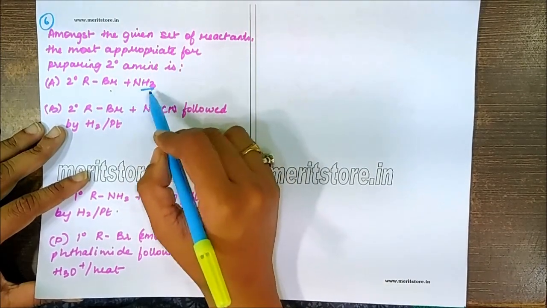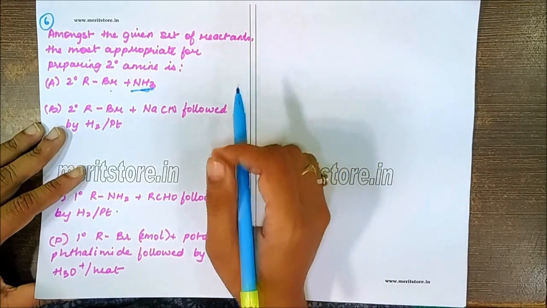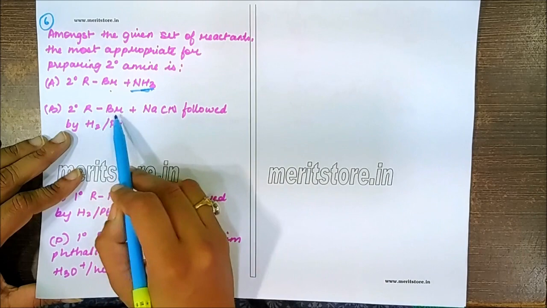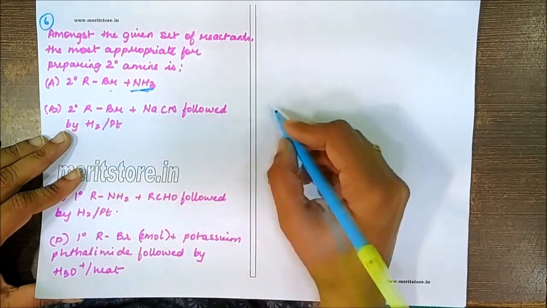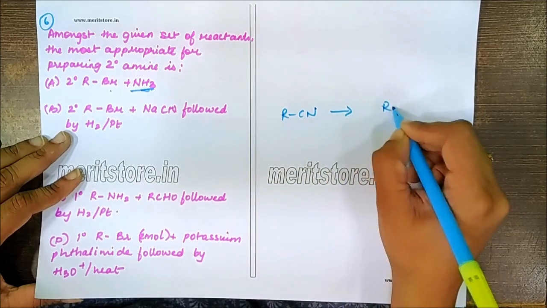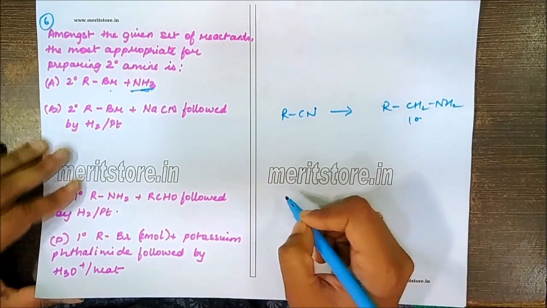This will give us the secondary amine, but since ammonia is used, this may carry out the reaction further to give the tertiary and the quaternary also. B option is the treatment with NaCN, where the R cyanide will form, followed by the hydrolysis will give us the formation of CH2NH2. So that will give us the primary amine.